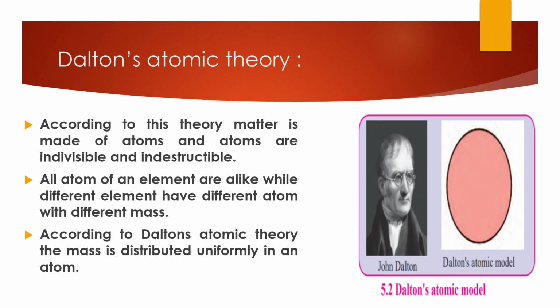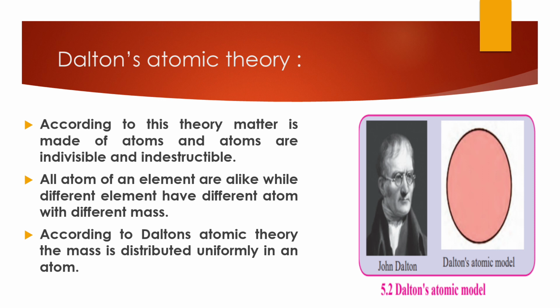And indestructible means we cannot destroy it, we cannot vanish it, we cannot finish that atom. Then all atoms of an element are alike, while different elements have atoms of different mass.